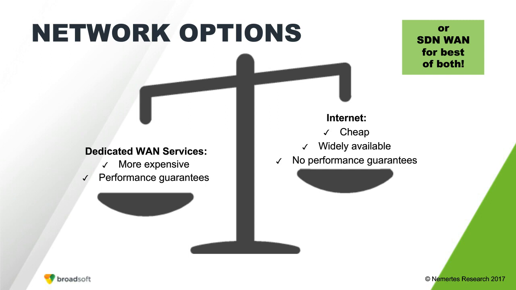There's a variety of network options out there to provide access to these cloud services. And we're not going to be very prescriptive about who to partner with on a network perspective. We're going to talk more about the topologies and the architectures that you can leverage along with the pros and the cons.